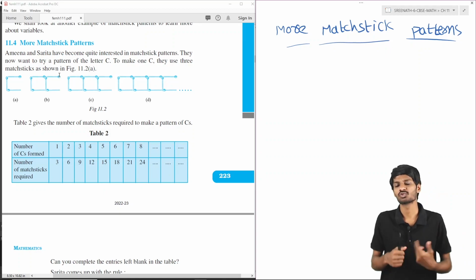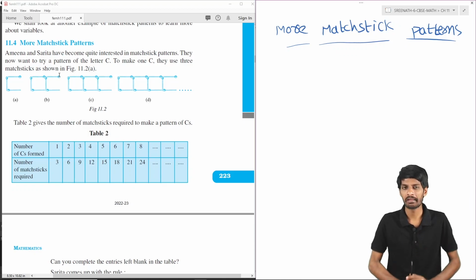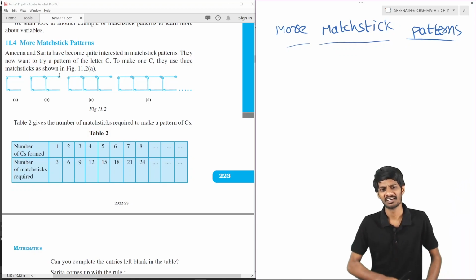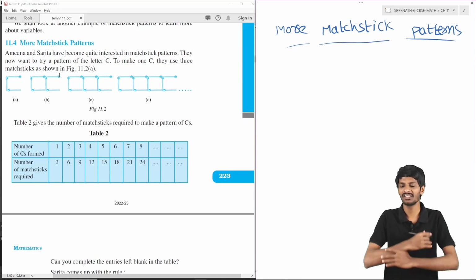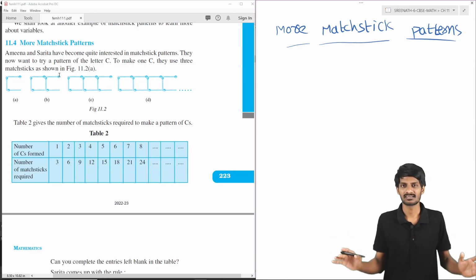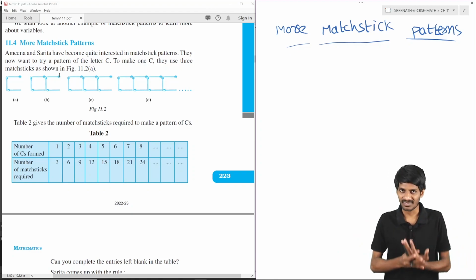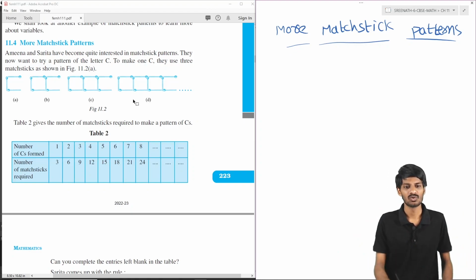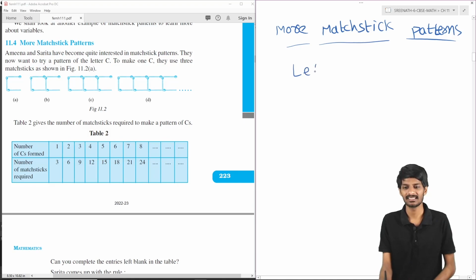Why did they get so interested? Because first they started their game using matchsticks, and after that, for any number, they can tell how many matchsticks are required. So they now played the same game with another letter, that is the letter C.